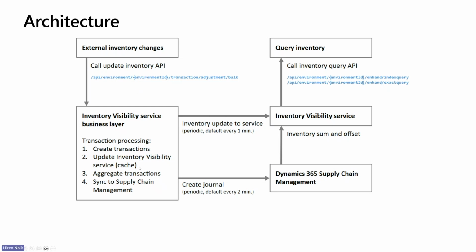So all of this process can be achieved automatically, and you will be able to leverage the transaction aggregations and reduce the stress on your ERP systems, yet still get the up-to-date on-hand inventory from inventory visibility service.